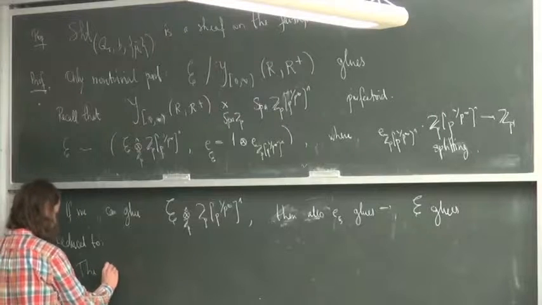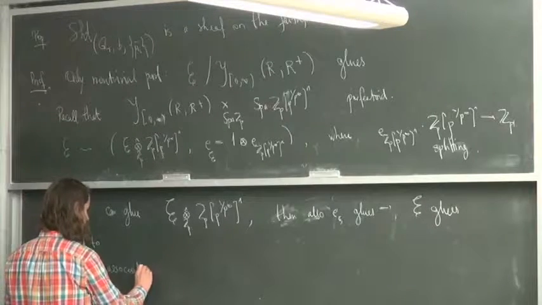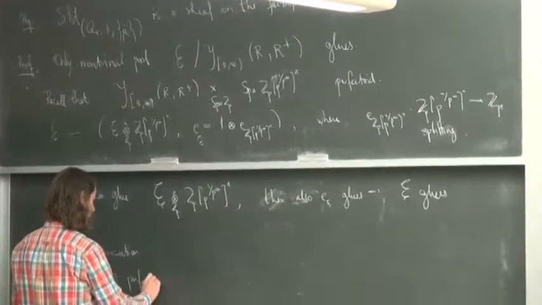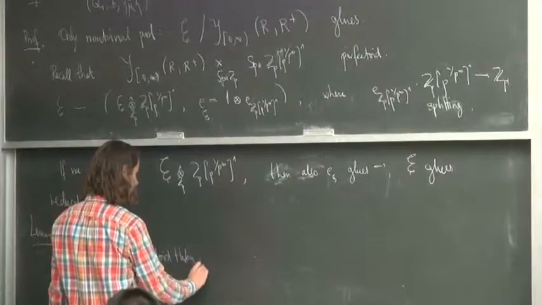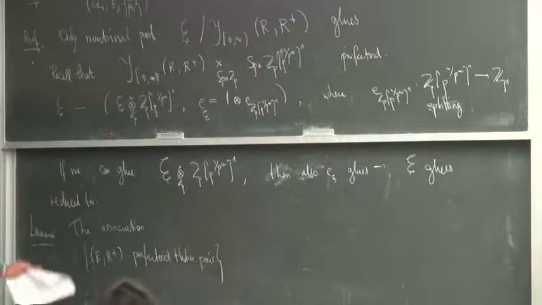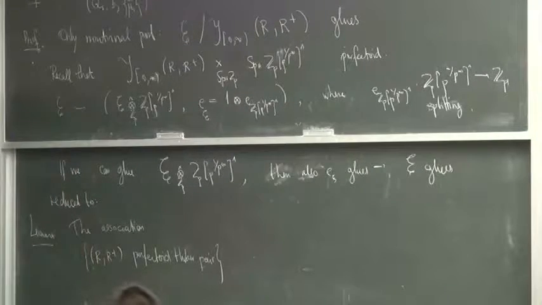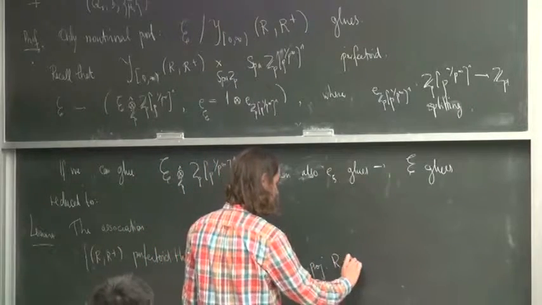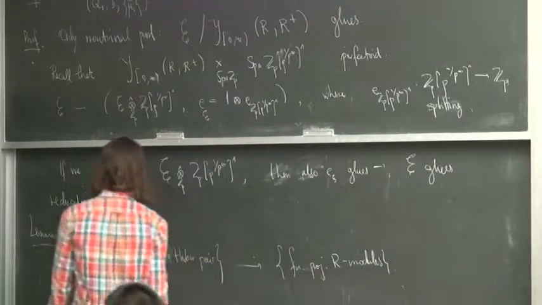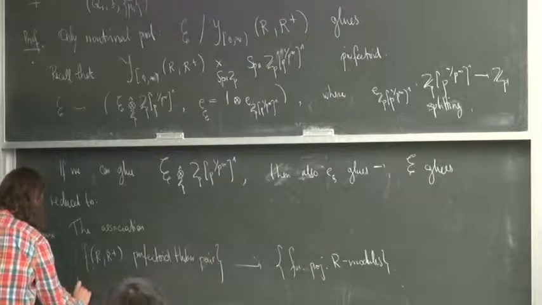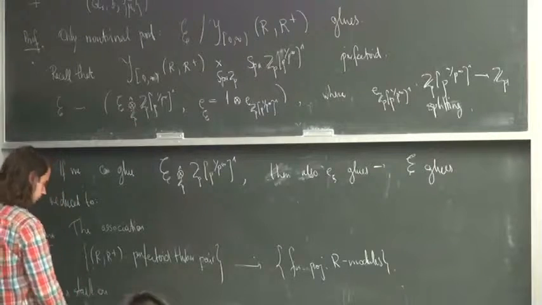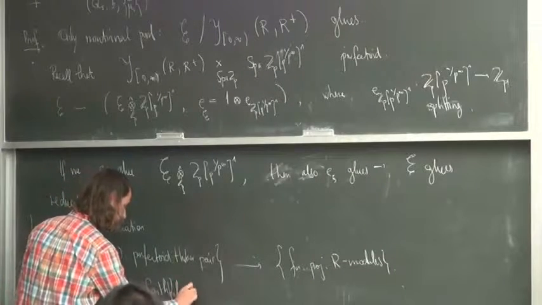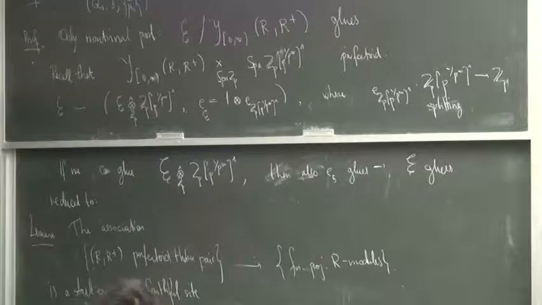The association which takes any perfectoid Huber pair, not necessarily of characteristic p now, so this guy is really not of characteristic p, to finite projective R-modules, is a sheaf on the faithful side, or is a stack on the faithful side, meaning you have descent for all surjective maps.